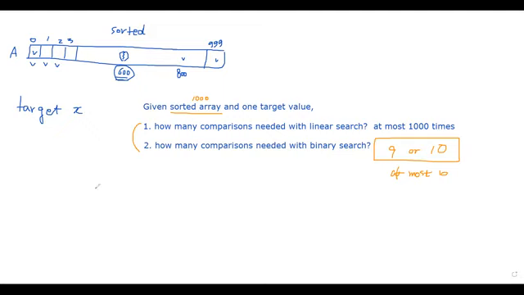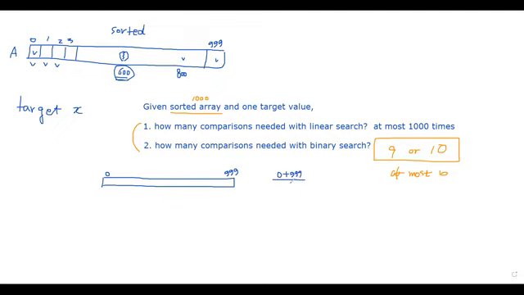So we have 1000 data. This is 0. This is 999. So left is 0, right is 999, right? And you will find the mid: 0 plus 999 divided by 2.